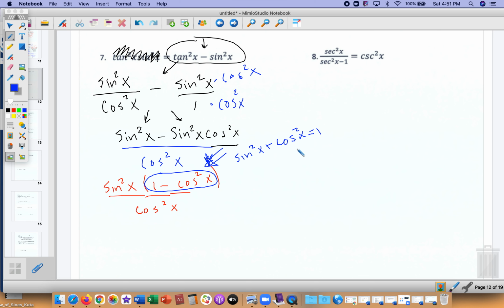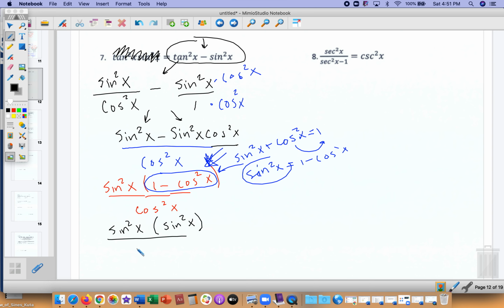So if we had 1 minus cos, we could replace that with sine squared. So we'll have sine squared x, replace in parentheses with sine squared x, all over cos squared x.